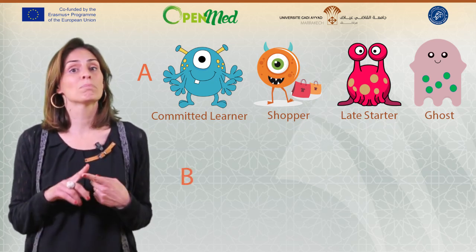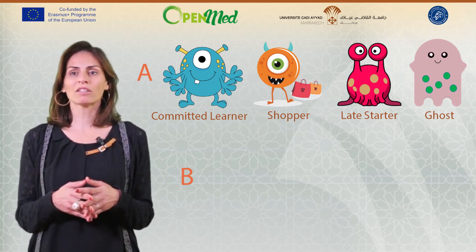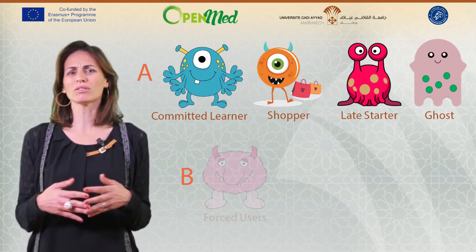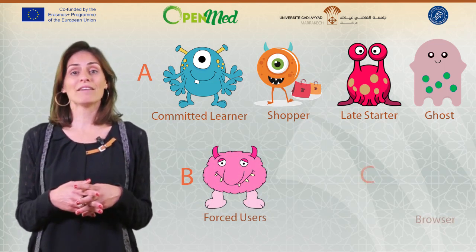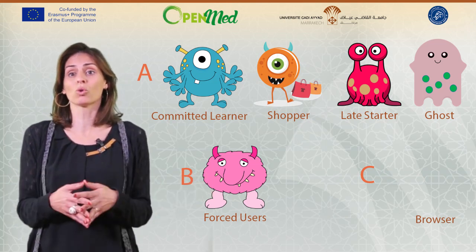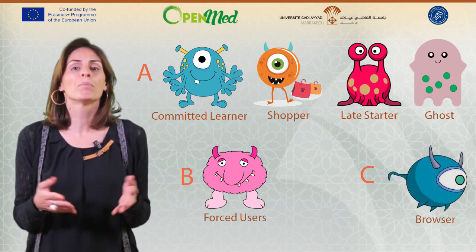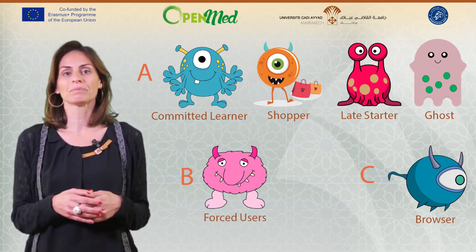If your answer is B, that is, the course is part of your studies or work, you might feel an obligation to do the course, so your profile might be that of a forced user. If your answer is C, that is, you are interested in the structure of the course, then you might have a browser profile, that is, you simply want to browse around the course.